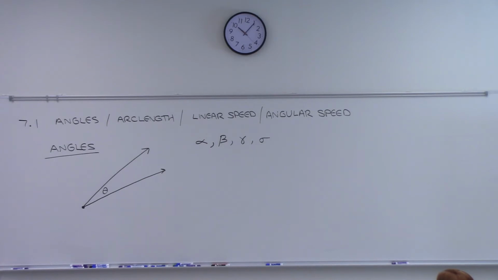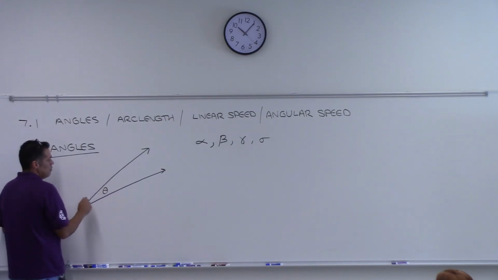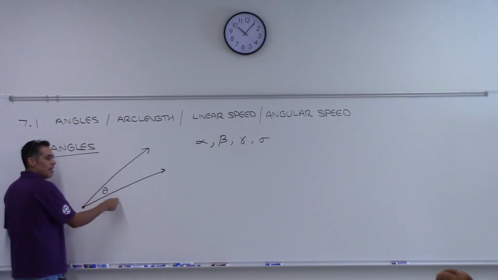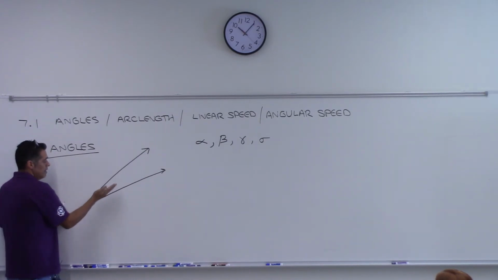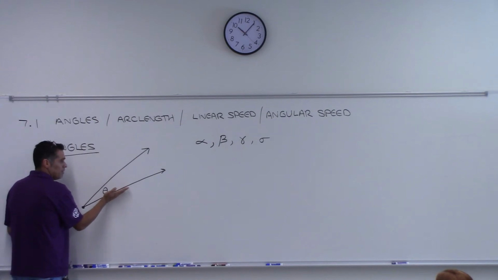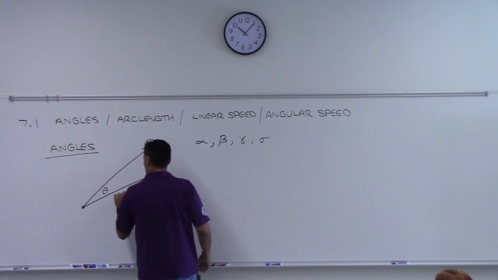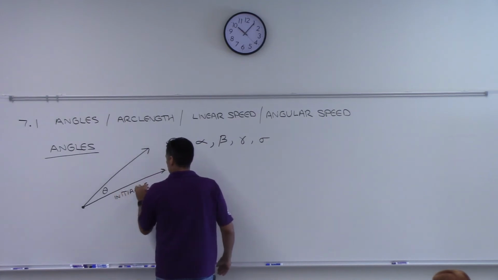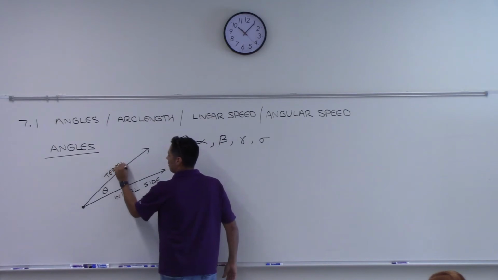Now, when we draw an angle, when we're trying to get some idea of how we're going to measure this, we usually label the two rays. In the first ray, it depends on you. You can label it however you want. Whichever one is going to be your first ray, you call that the initial side of the angle, and then this side is called the terminal side.